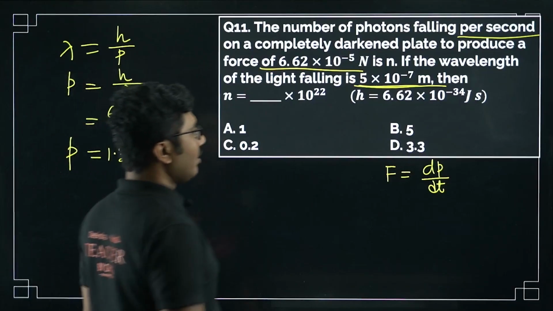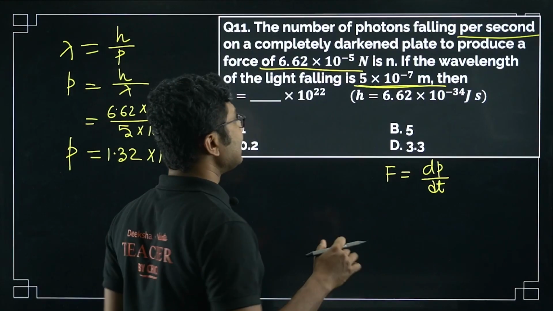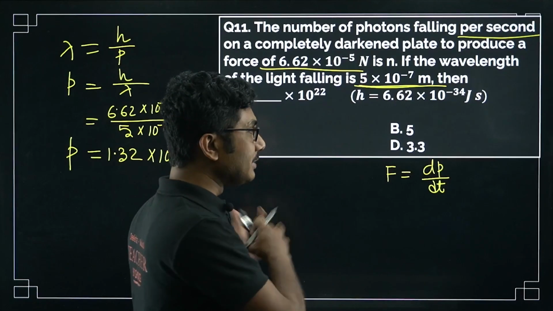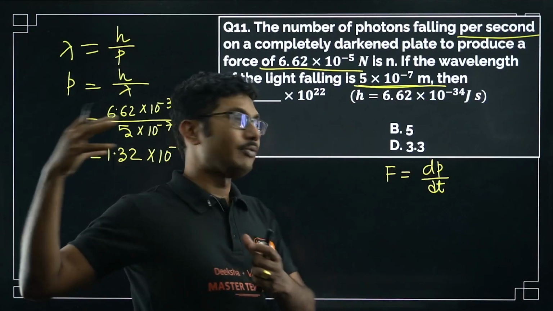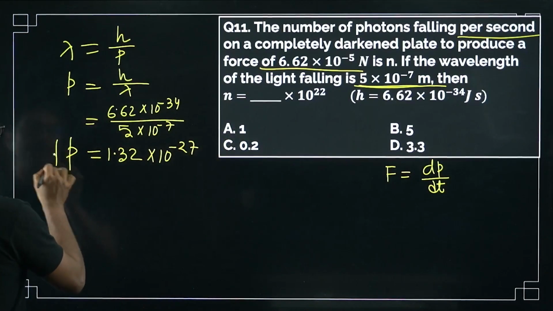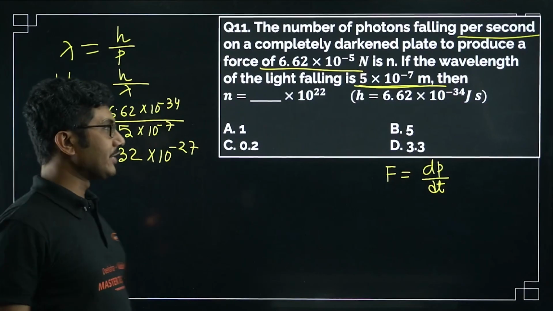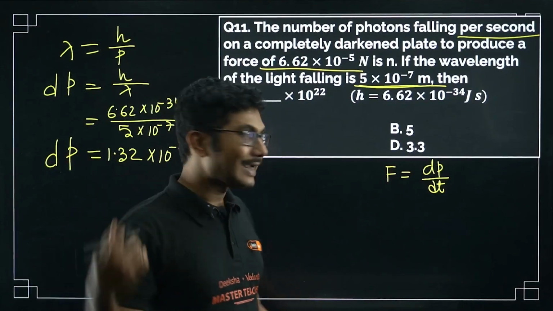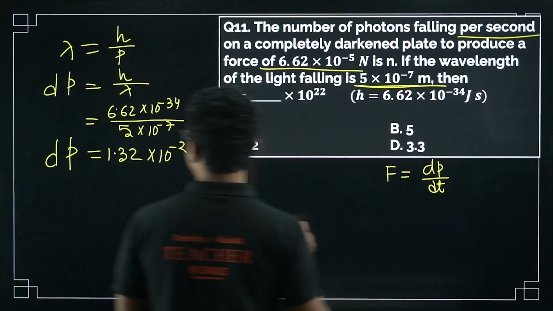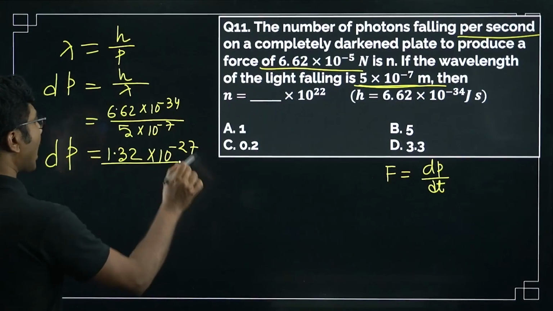Now it is already told that this much change in momentum is happening every second. This much momentum is carried by the photon hitting the surface and coming to rest, so the change in momentum is basically this. This is the change in momentum for one photon, happening per second.